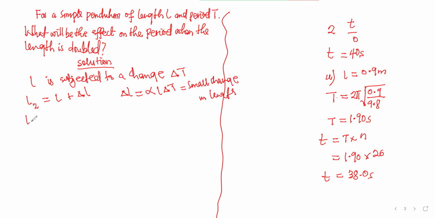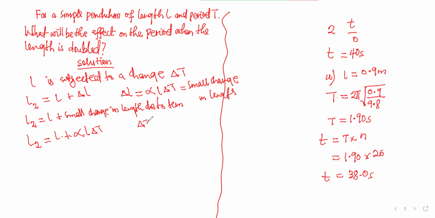Therefore, L2 will be equal to the original length plus the small change in length due to temperature. So L2 would be equal to L1 or L plus the small change, which is equal to alpha L times the change in temperature.